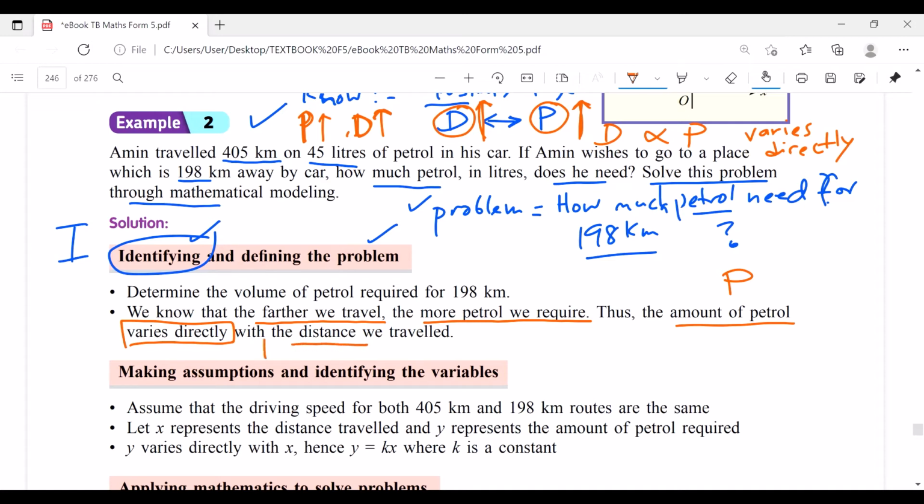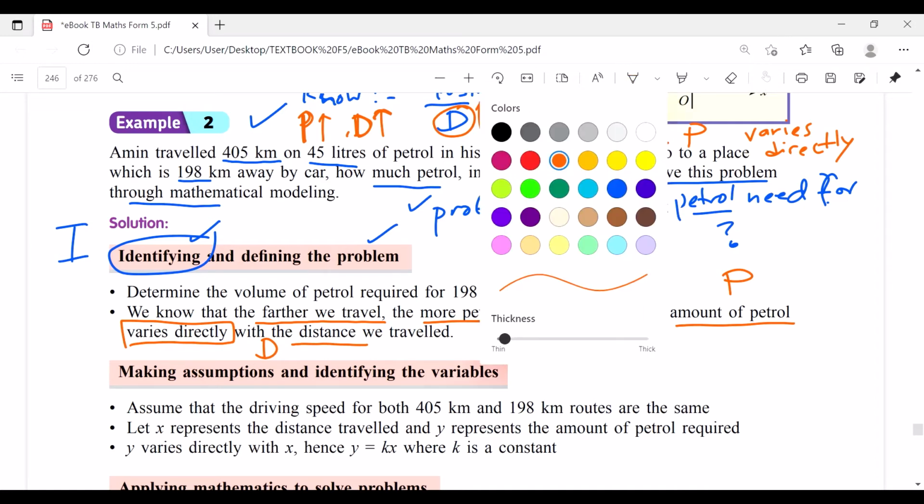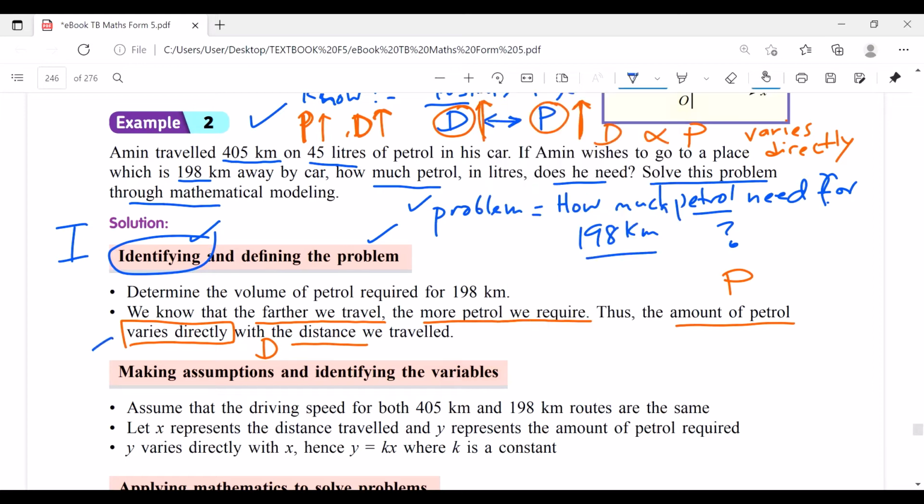Where is directly? The symbol is, you still remember the symbol? This one, alpha. That's why we can say that P varies directly with D. No problem for that.